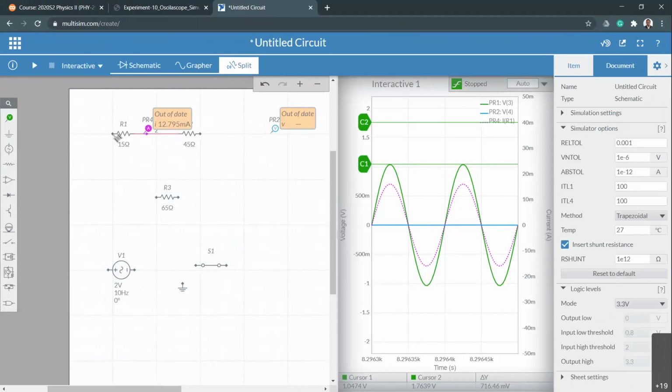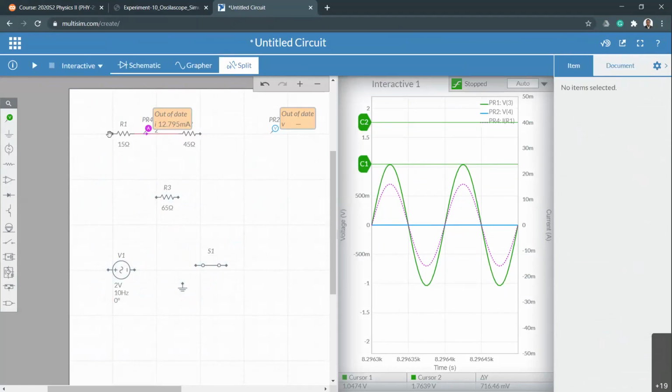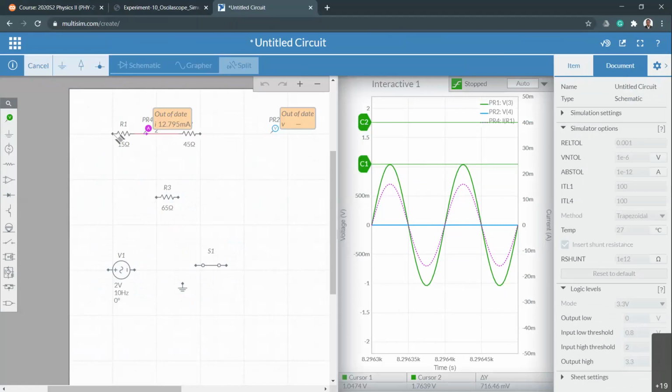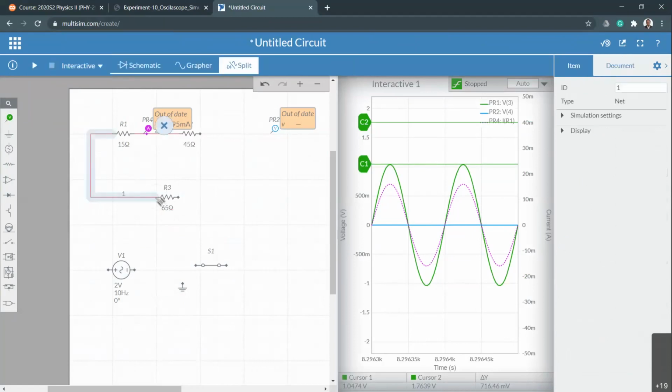Now this end should be connected here. Okay, these two should be now parallel, should look like that. Similar connection on the other end.